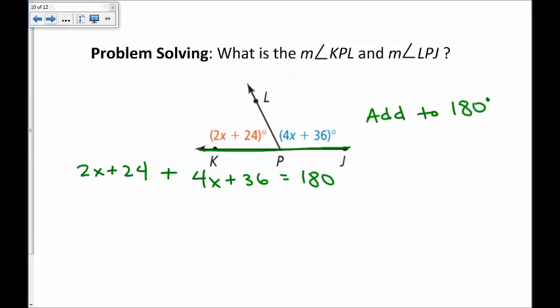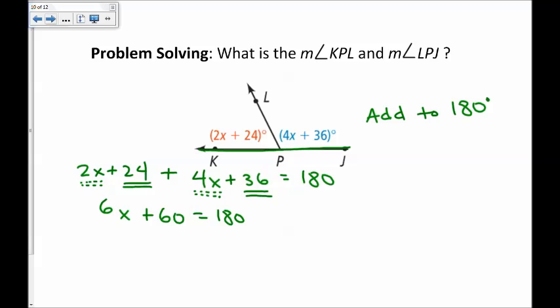Next, I have x's here and here, and numbers here and here. So I will combine the like terms. If I have 2 x's and add 4 x's, then I get 6 x's. If I add 24 and 36, I get 60. And that's equal to 180.